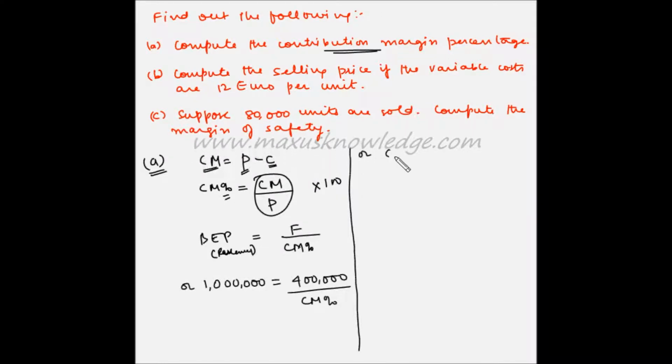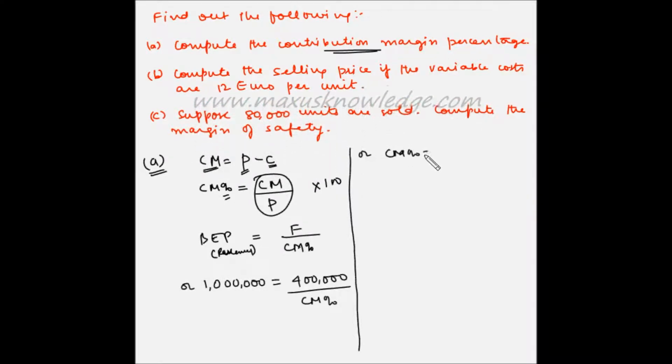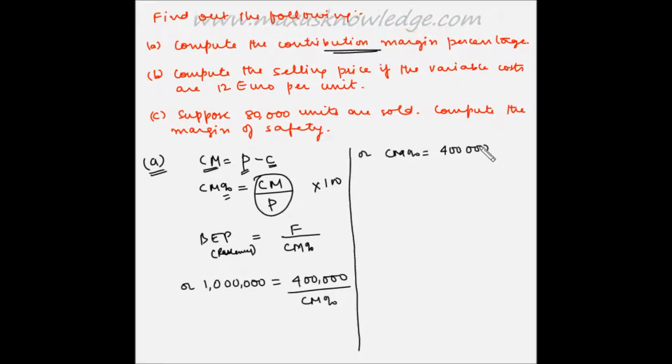Or contribution margin percent is equal to 400,000 divided by 1 million. So this is equal to 4 divided by 10, which is equal to 2 divided by 5.